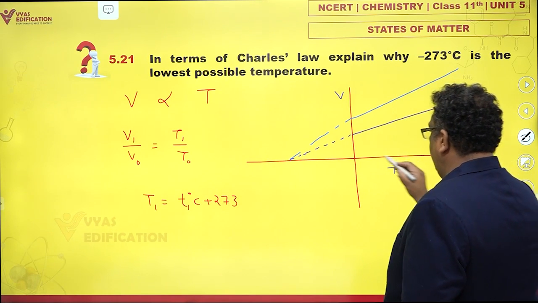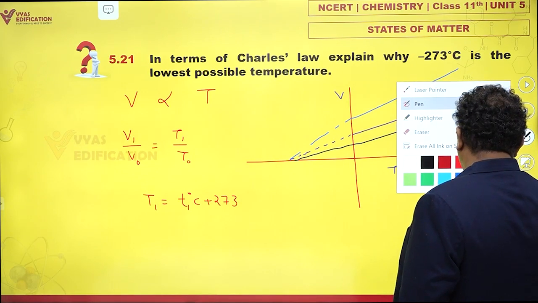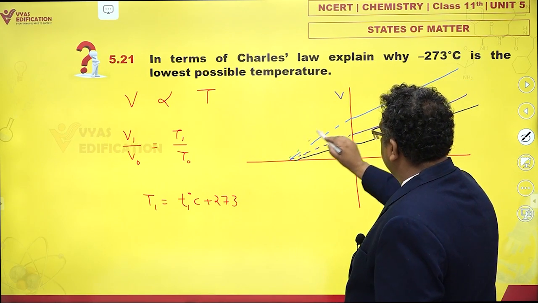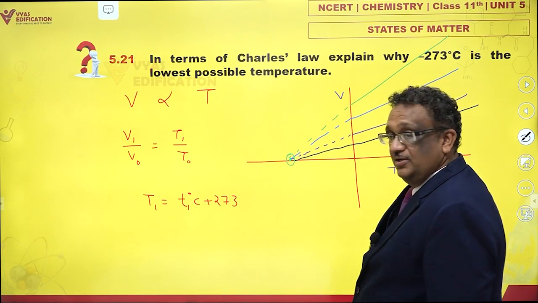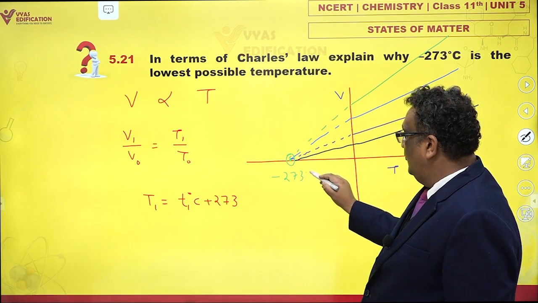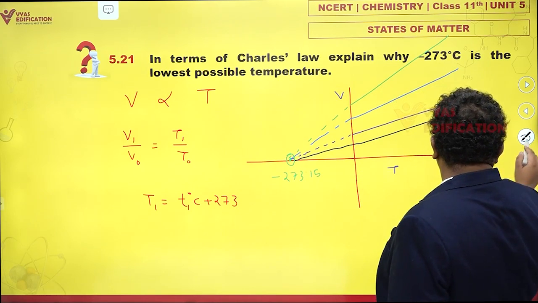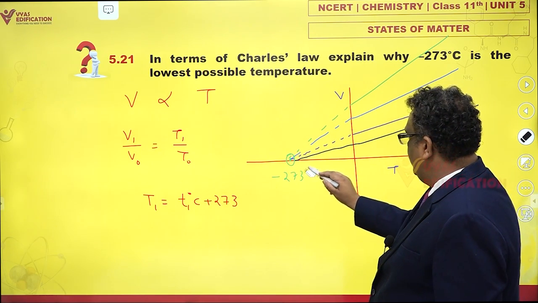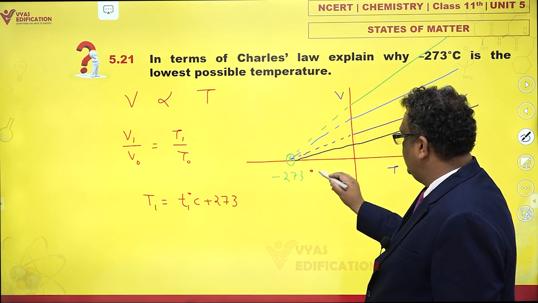They will be obtained, very beautiful, like this. And all these lines converge at a single point. And what is this point? This is minus 273.15. If you neglect this 0.15, normally people just approximate this as minus 273 degrees Celsius.